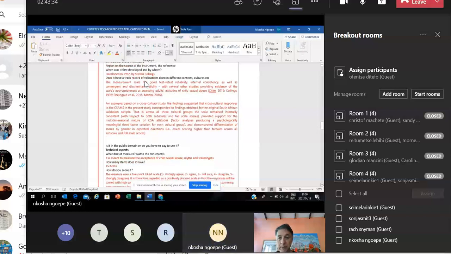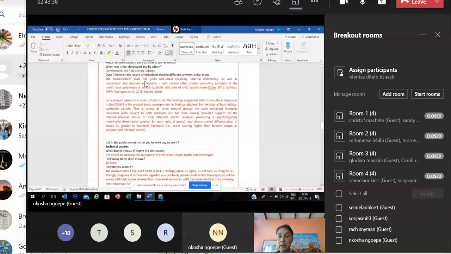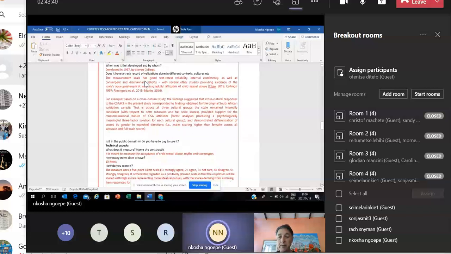So the internal consistency is a different word for reliability. So reliability means the way in which people answer a questionnaire. Internal consistency is actually a statistical measure of the reliability of the scale.